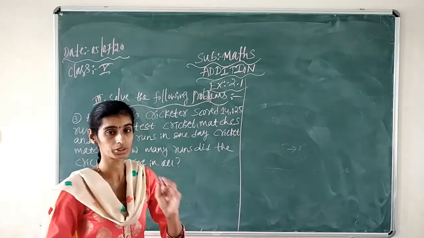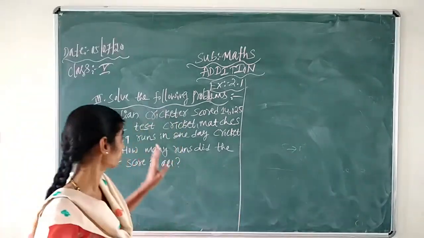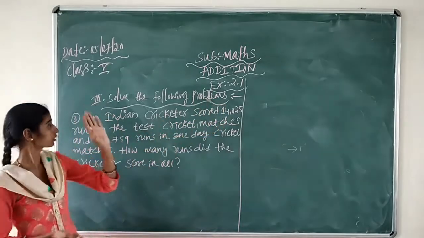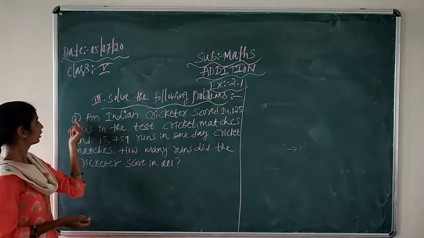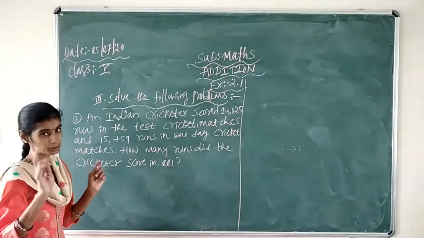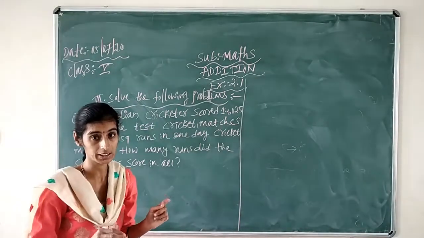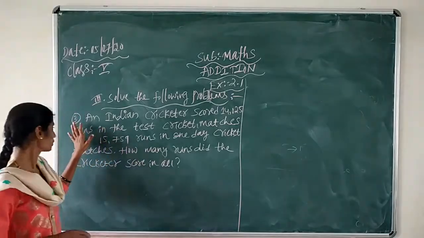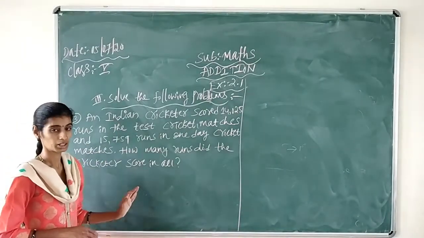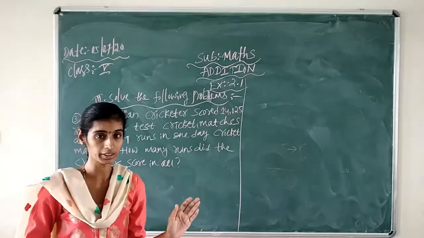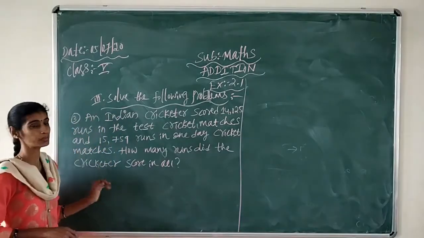Now today we are going to discuss exercise 2.1. In that, third bit, solve the following problems. Already the first and second we discussed in the last class, so today we start with the third problem. Shall we read the question, children? Are you all ready? Read the question.